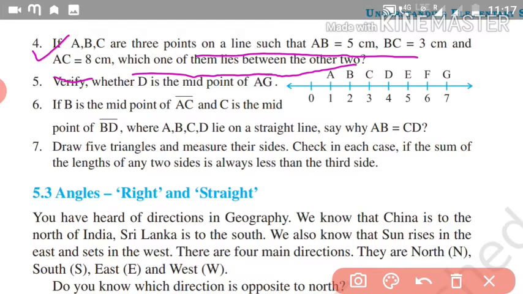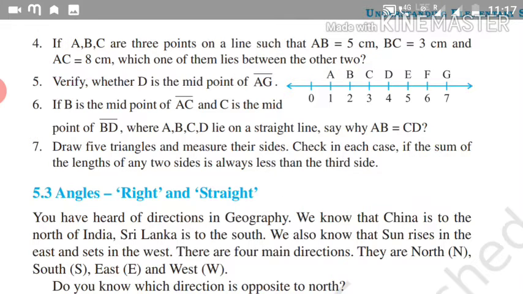Okay, from the scale we have to draw AB equal to 5 centimeter, and again from B we have to draw BC equal to 3 centimeter. Then AC will be what? 5 plus 3 is 8, isn't it? So in total AC will be 8 centimeter. So which one of them lies between the other two? The answer will be B, isn't it? B will lie between A and C.